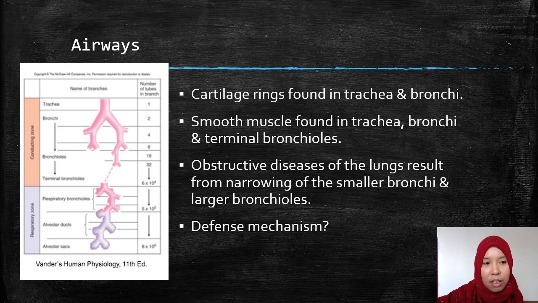These goblet cells produce mucus, and a lot of mucus is secreted, forming a layer we call the mucosa layer, and this will also act as one of the defense mechanisms.